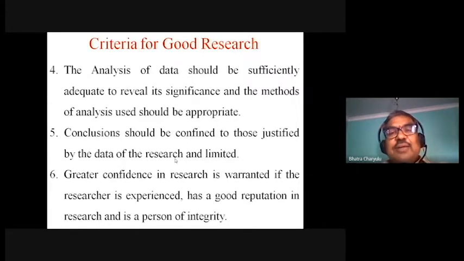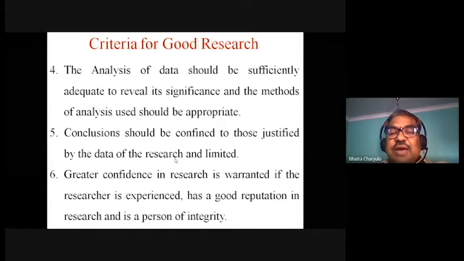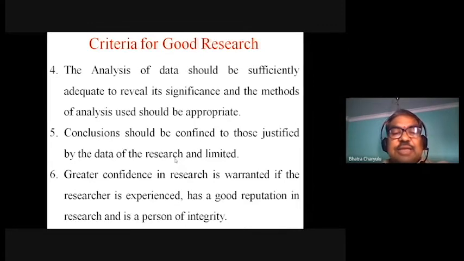The analysis of data should be sufficiently adequate to reveal its significance, and the methods of analysis used should be appropriate. The conclusions should be confined to those justified by the data of the research and limited. Greater confidence in research is warranted if the researcher is experienced, has a good reputation in research, and is a person of integrity.